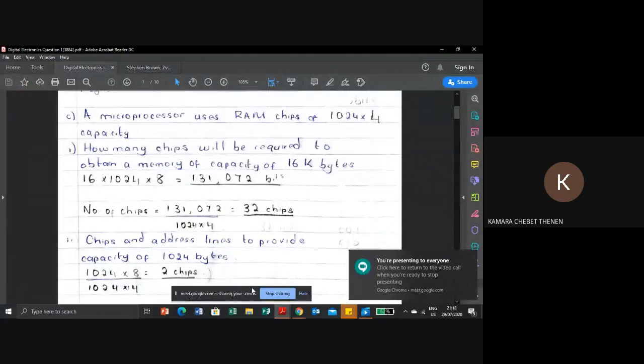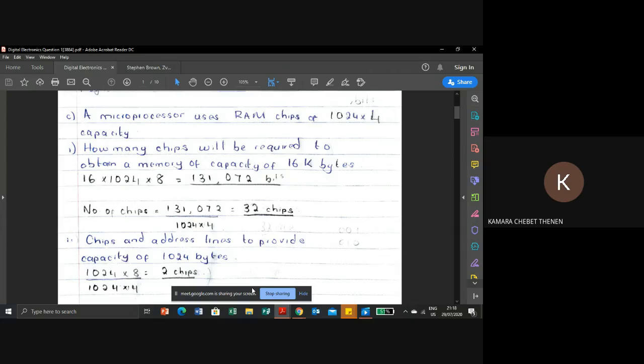Question C. A microprocessor uses RAM chips of 1024 by 4 capacity. How many chips will be required to obtain a memory of capacity of 16 kilobytes?